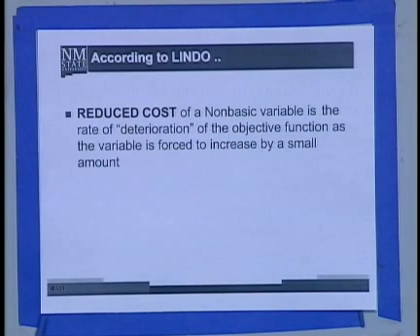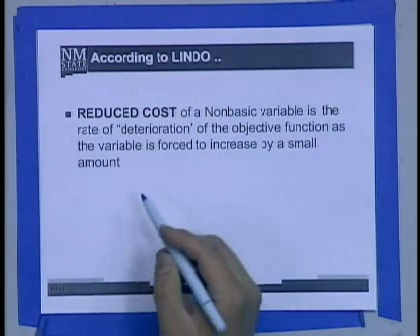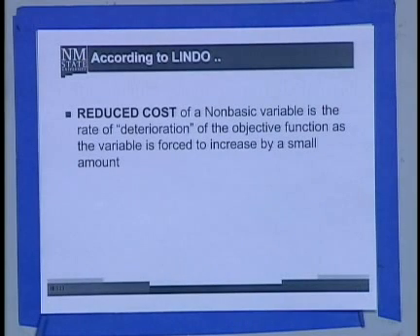So, in a maximization problem, just like our example, the reduced cost gives the rate of decrease in the objective function value. However, in a minimization problem, it gives the rate of increment in the objective function, right? And I said the reduced cost of a basic variable is always 0, right?